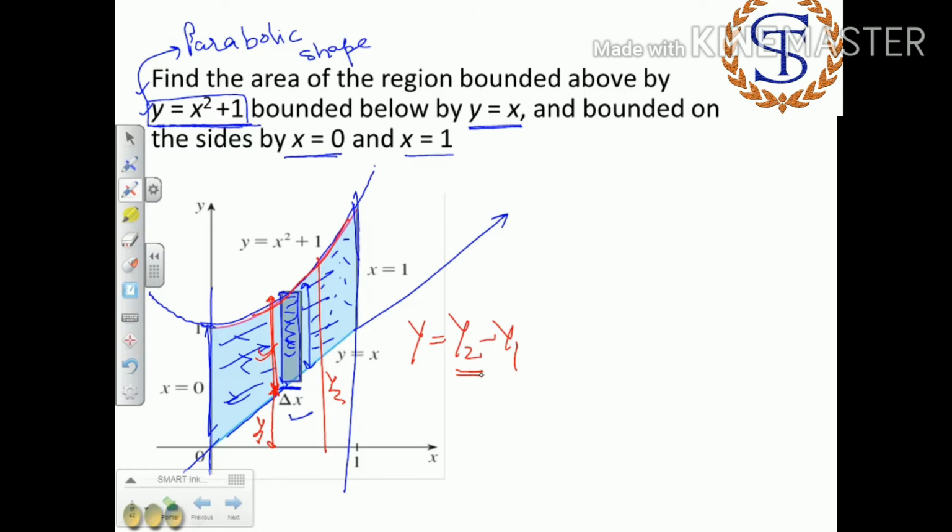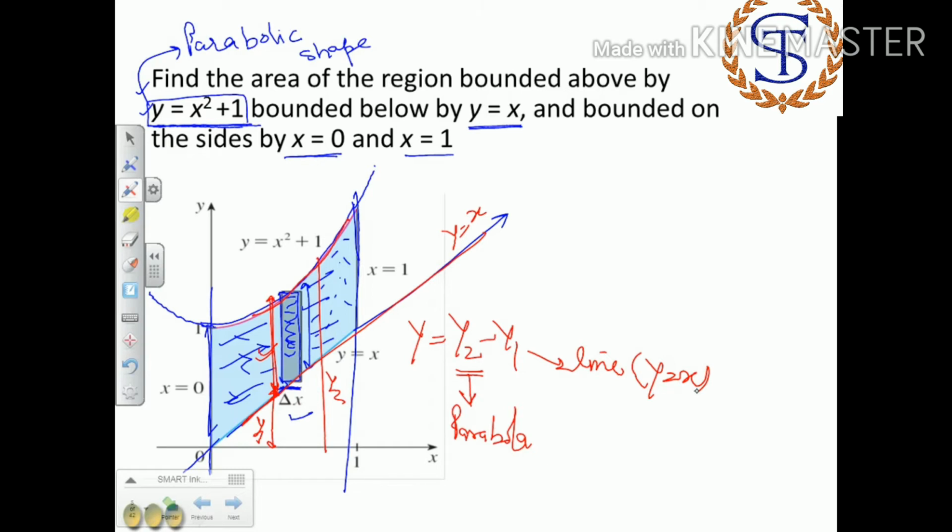Now what is y2? y2 is the y from the parabolic curve. Now what is y1? y1 is y equal to x. So we will get y from the line y equal to x.